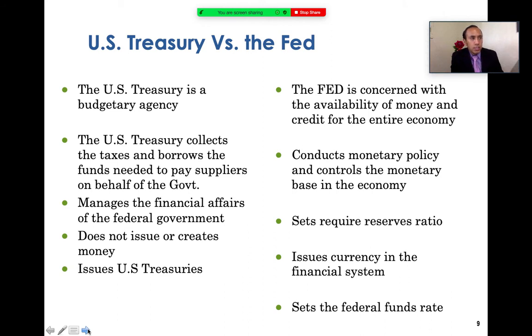It issues currency to the financial system, like the cash that we spend, and it takes out old currency and replaces it with new currency. It also sets the federal funds rate, along with all of the other responsibilities that we went over previously.